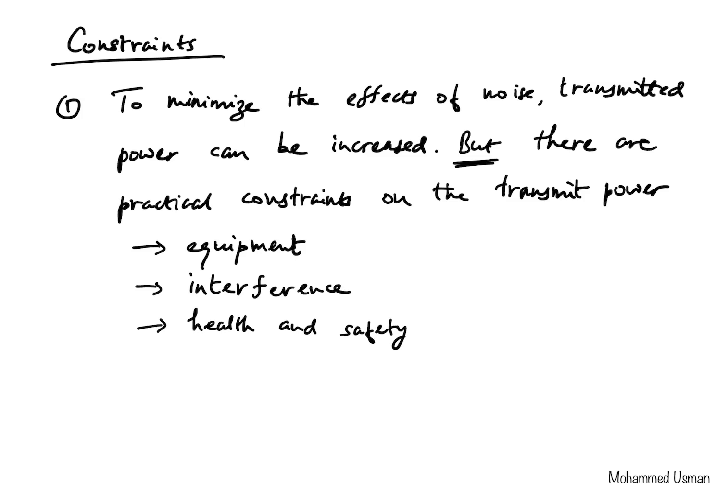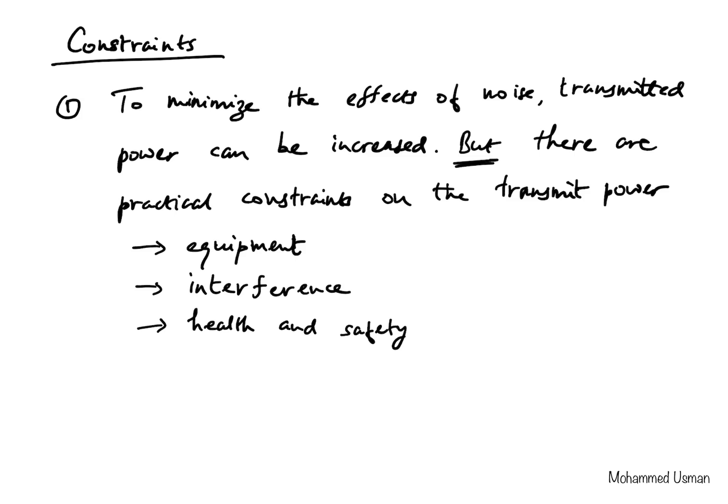So for health and safety reasons, there is a limitation from the regulatory bodies as to how much the maximum transmit power should be, right? So multiple factors influence what should be the maximum transmit power. So there is a constraint on the transmit power.